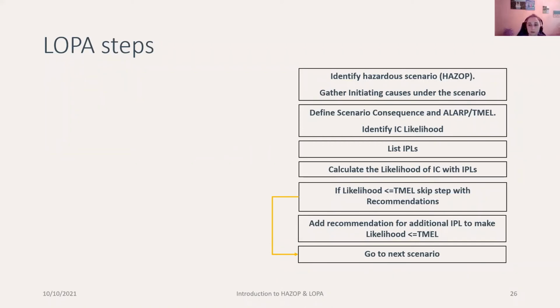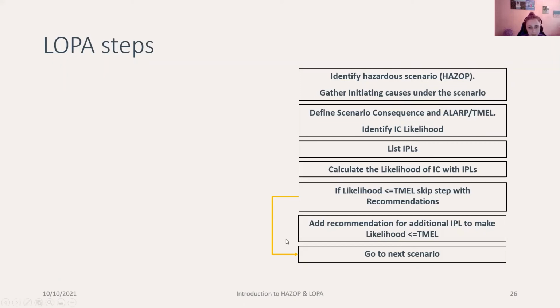And after that, you identify the TML. What is TML? It is the target mitigated event likelihood. So when you already have a severity of a specific event, you know that the TML, the possibility of this happening, should not exceed this area.